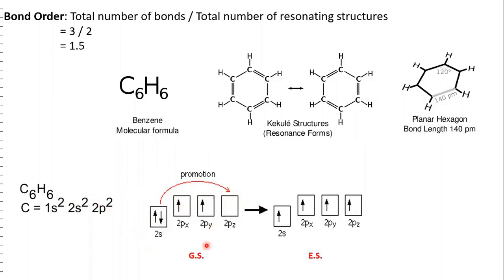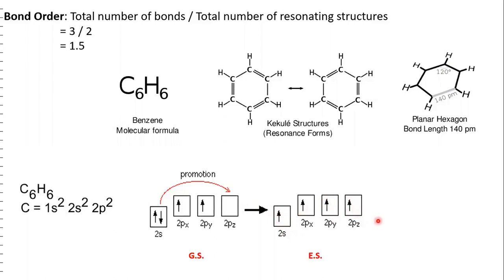This is the case in the ground state. But in the case of the excited state, one electron from the 2s orbital is promoted to 2pz, and we get the structure as 2s one electron, 2px one electron, 2py one electron, and 2pz one electron.